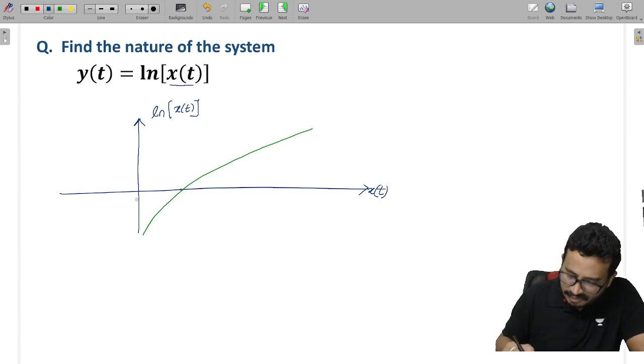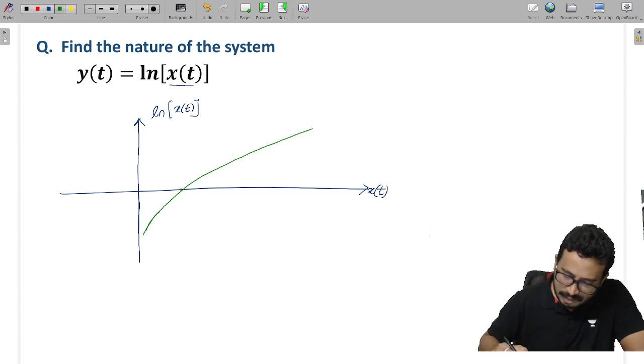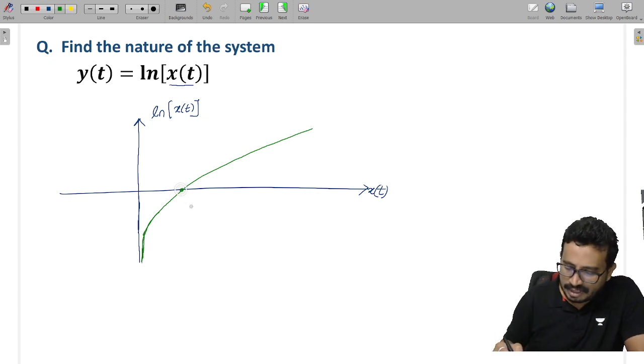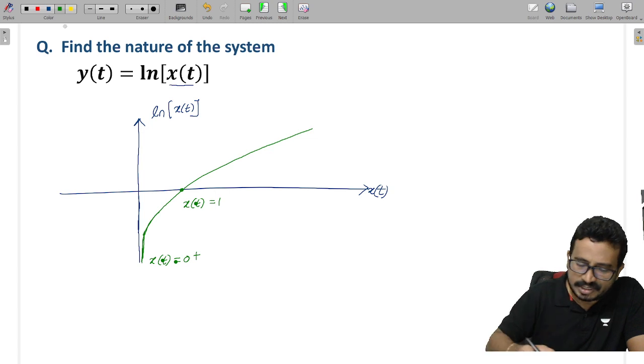And what is the value of log 0? It is minus infinity. At this location x of t equals 1, and here x of t is just 0 plus, I can consider.